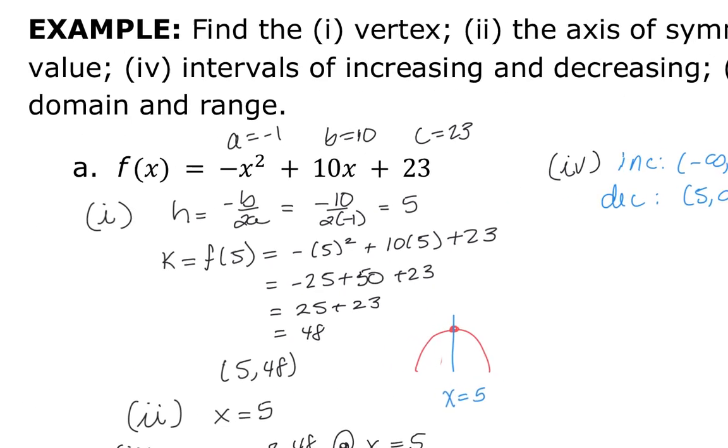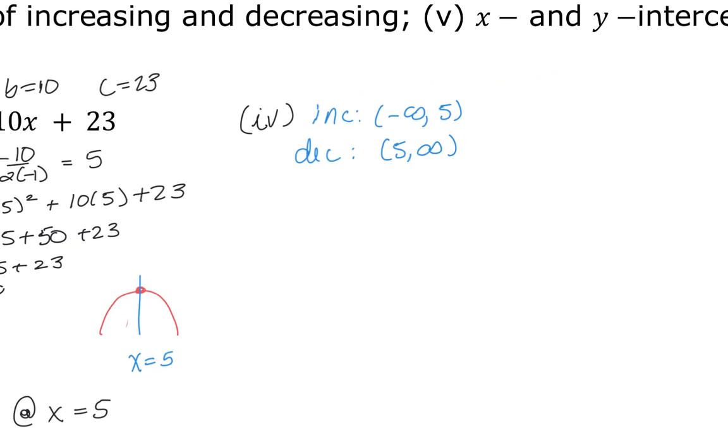The x and y intercepts are next, but I'm going to do the domain and range first, so I'm going to jump to 6. The domain is everything. We have no restrictions on the domain. The range, we can see from the graph, starts at -infinity and goes to my k part, which is 48.